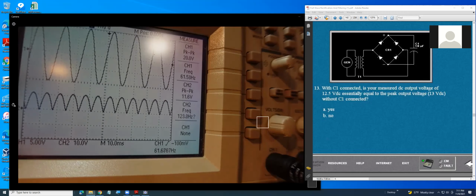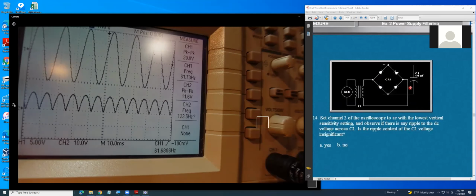Right. When you connect the C1, it will charge up. So essentially, 12.5 is about 13 volts, so it'd have to be yes. Yeah, that's what I think too. Okay, we got it, Mr. Pham, we got it. Yeah.